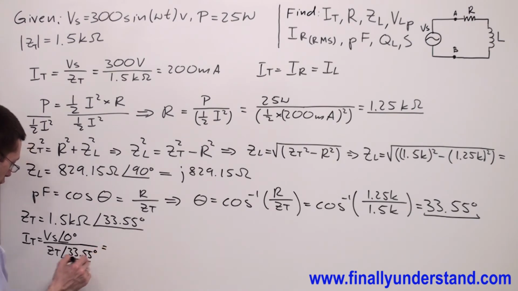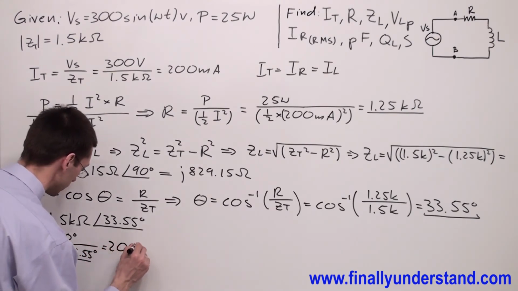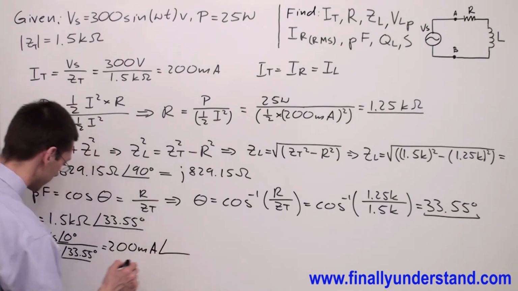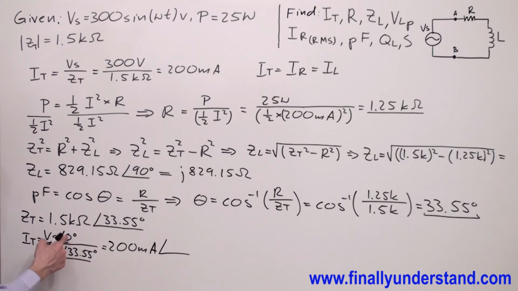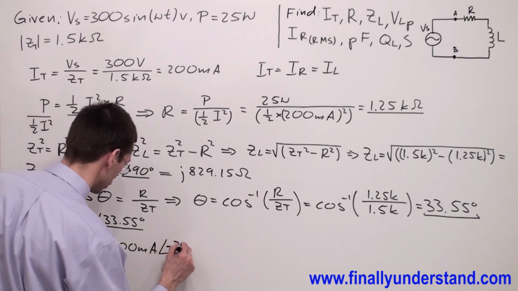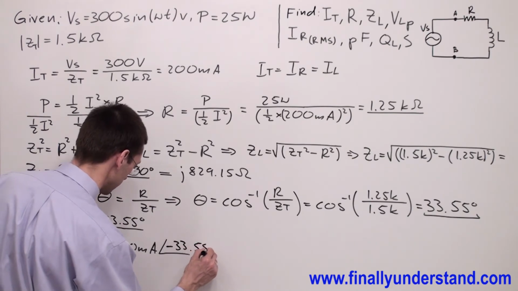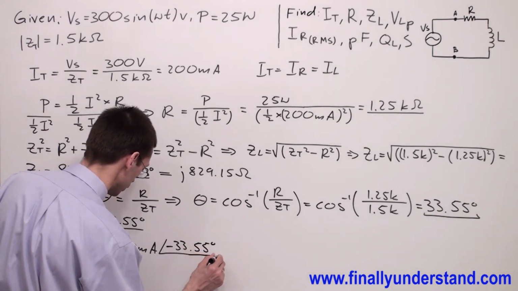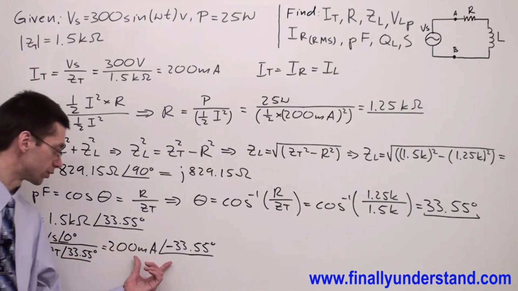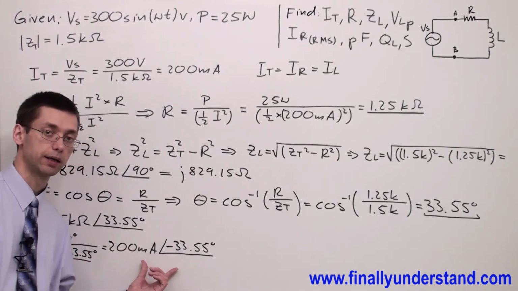We also know that current has magnitude 200 milliamps. We have to find the angle. We're supposed to simply subtract these two values, and we are going to end up with angle negative 33.55 degrees. So this is the full answer for my current.